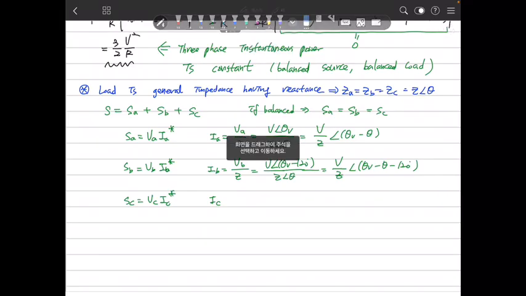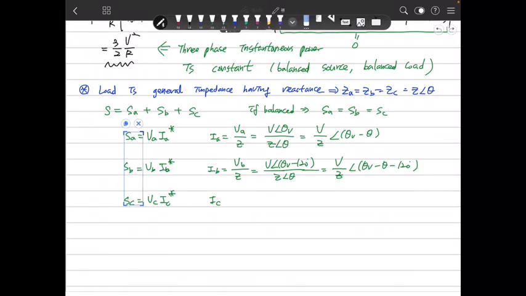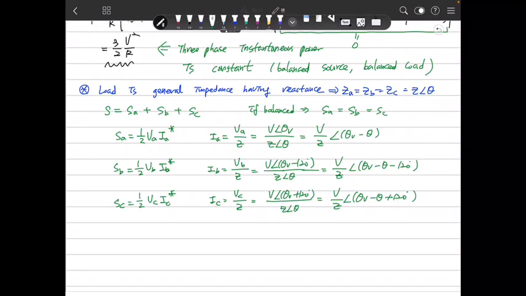Oh, no, because these are peak values, we need half. This is peak values. Okay, IC is VC over Z. There will be V at angle theta V plus 120 and Z at angle theta. So the magnitude is V over Z at angle theta V minus theta plus 120 degree.